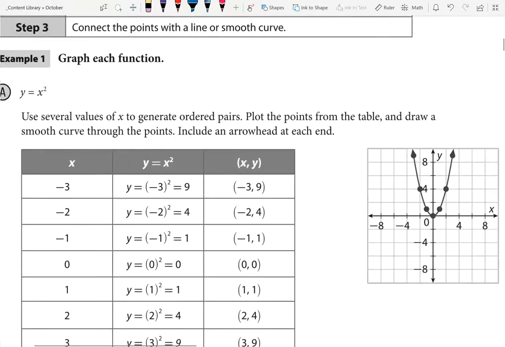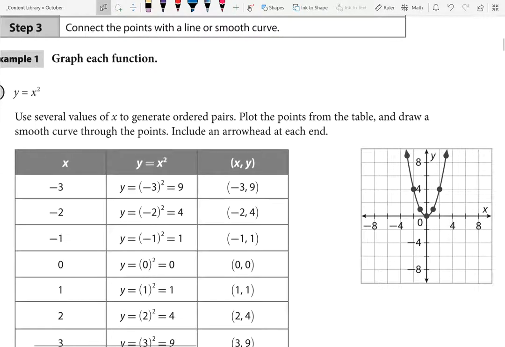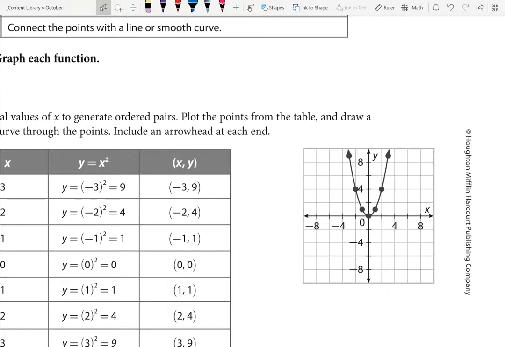Now, however, what we're going to try and do is pick a few input values, a few numbers for x, and plug them in to get output values. Because when we pick x values to plug in, we'll make an ordered pair, and we can graph that ordered pair. And what we want is to plot enough points to be able to see what the shape of the graph looks like. And once we know what the shape of the graph looks like, then we can connect the points with a line.